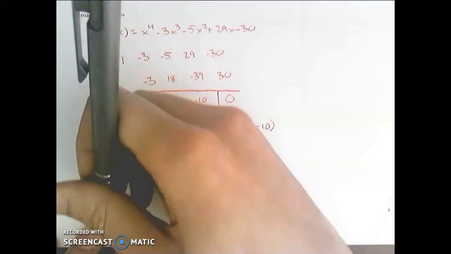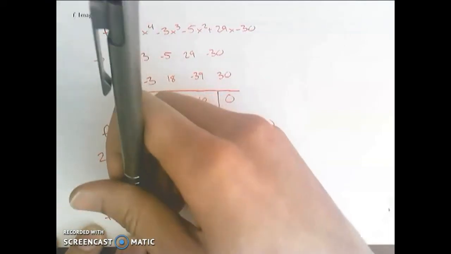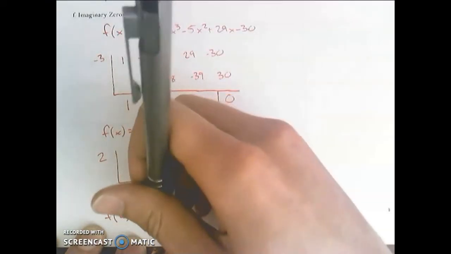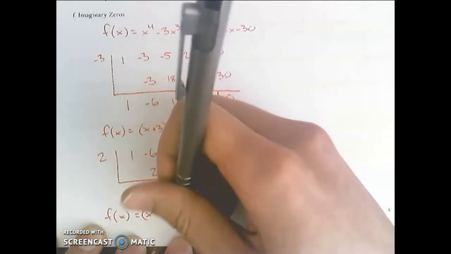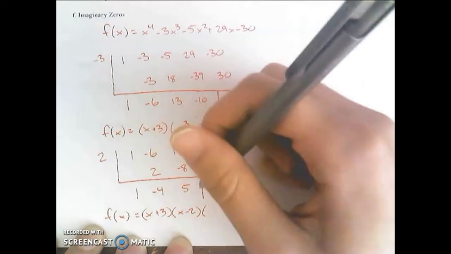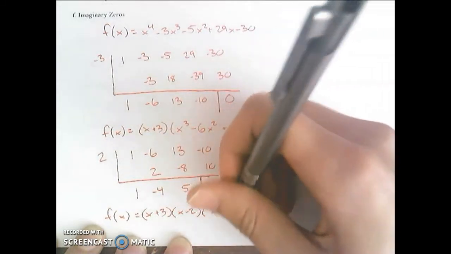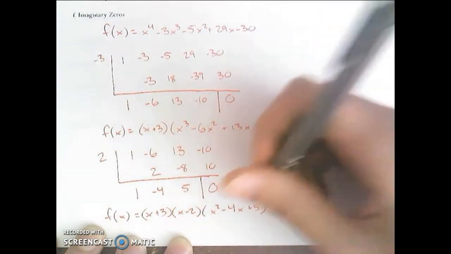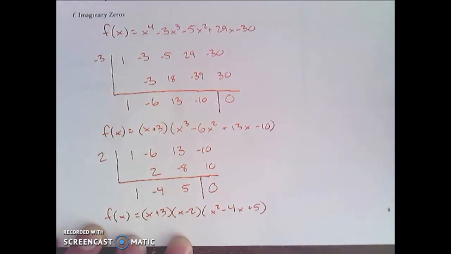So then rewriting the function again, its factorization, we have x plus 3, x minus 2, those are our original zeros. And then we've got this quadratic here, x squared minus 4x plus 5. So again, a 0 of the function is the x values for which the function equals 0, right?